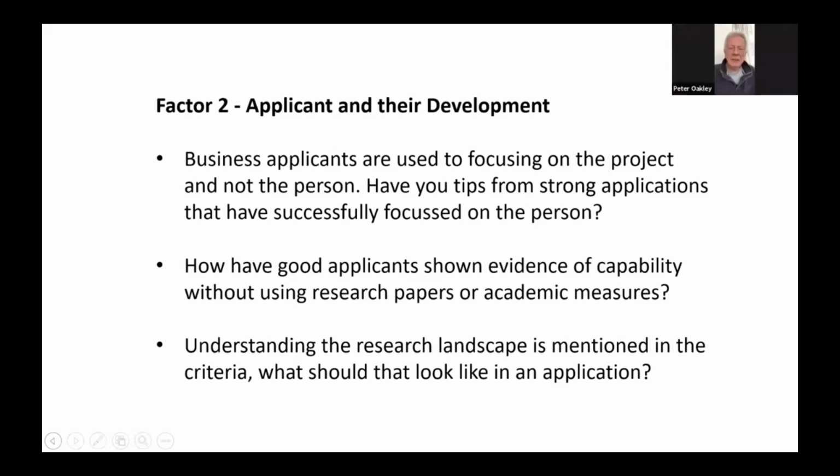Yeah, this is the heart of one of the difficulties for business applications, because as the question says, business applicants are used to focusing on the project, but it's the nature of a Future Leader Fellowship. In the words, we're looking for future leaders, and therefore businesses have to make sure that they have these twin tracks: absolute excellence in the research and innovation that's being proposed, but also a person they are backing, saying this is a future leader.